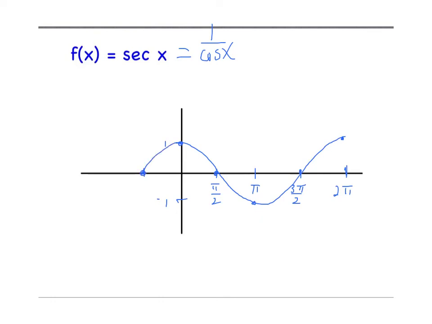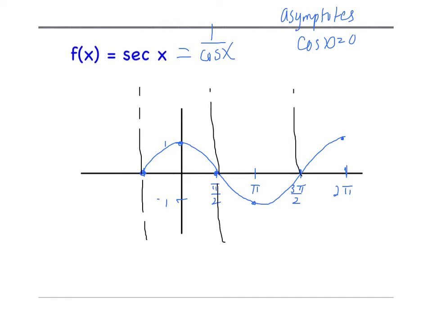Okay. So for the secant graph, what you're going to find is that the asymptotes are where cosine is equal to 0. And so you can see that that would be here. Cosine is equal to 0 here, an asymptote. Cosine is 0 here. There'll be another one over here.